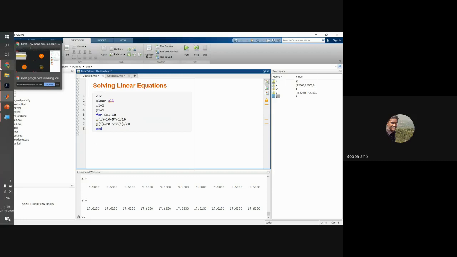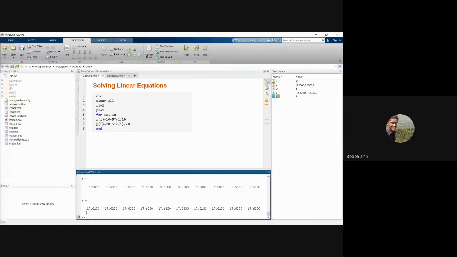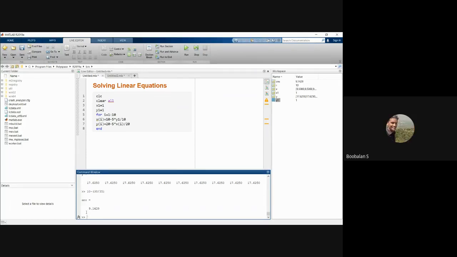Just tell me the x value and y value, what did you get? The final equation is 10 minus 30 divided by 35, whole divided by 10, which is 0.9.